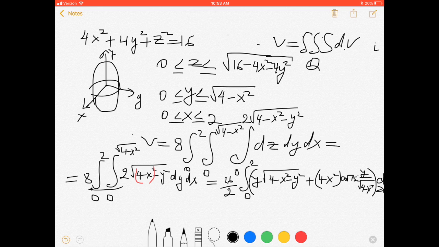And here we need to plug in our border from 0 to square root of 4 minus x squared.